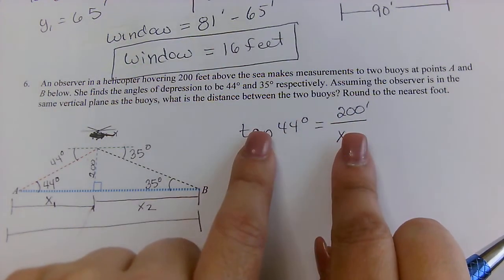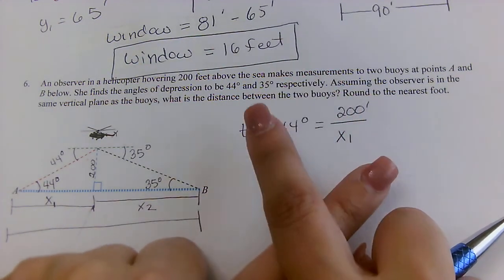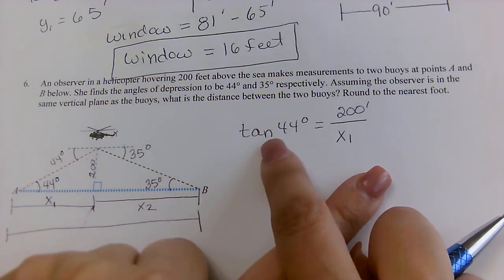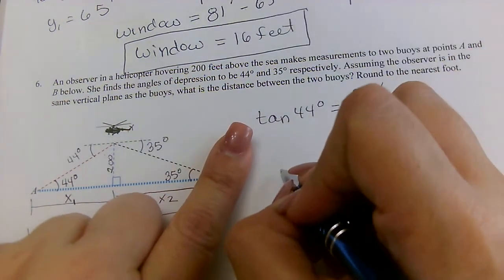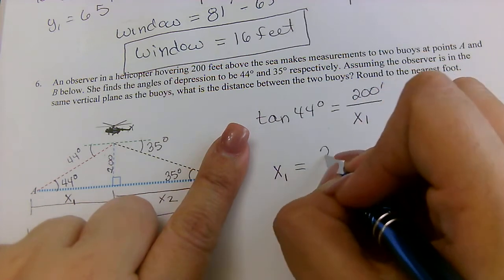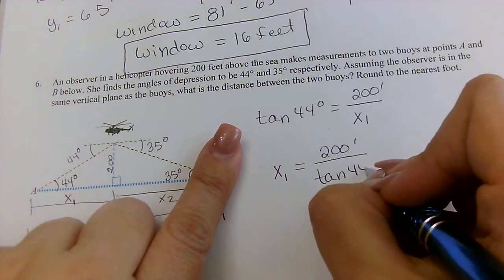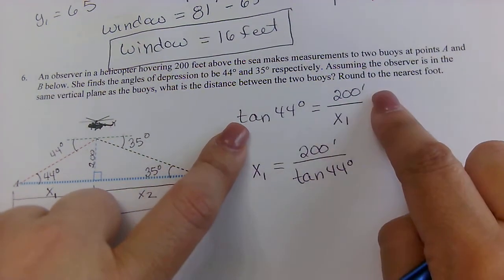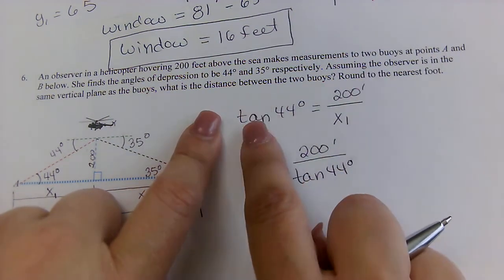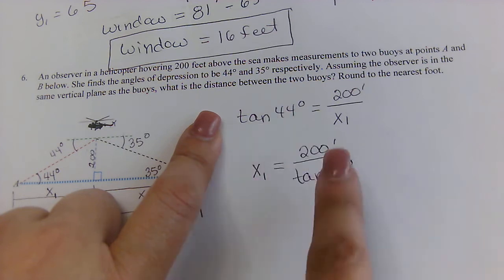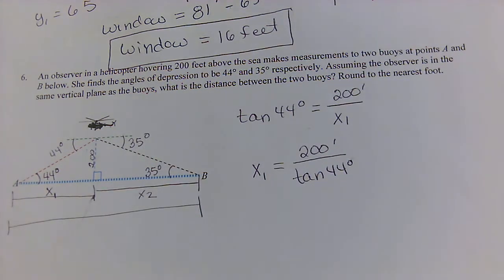So what we can essentially do here is flip the variable with whatever is on the other side of the equal sign. So x1 would be equal to 200 feet divided by tangent of 44. Basically all I'm doing is multiplying by x1, but then I have to go back and divide by tangent of 44, so you're going to get that exact value.